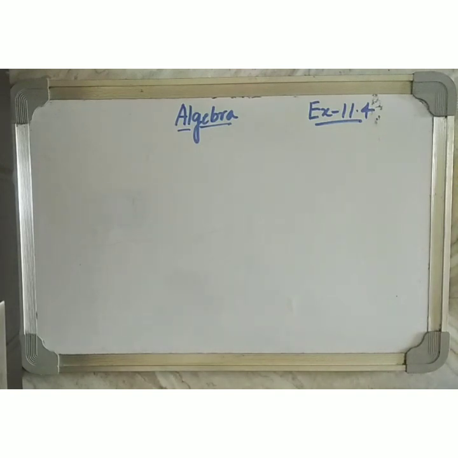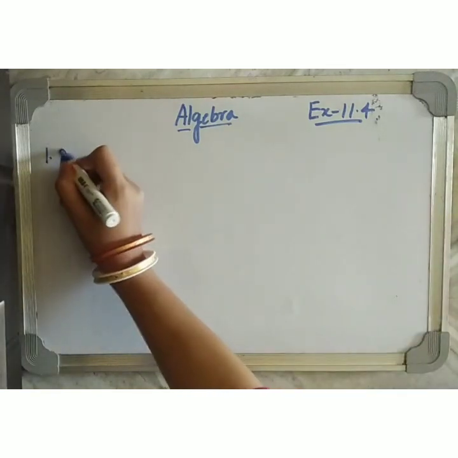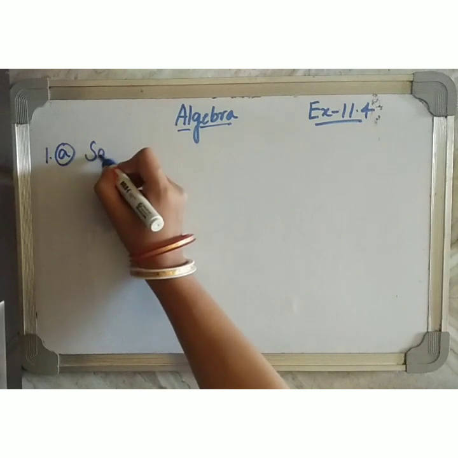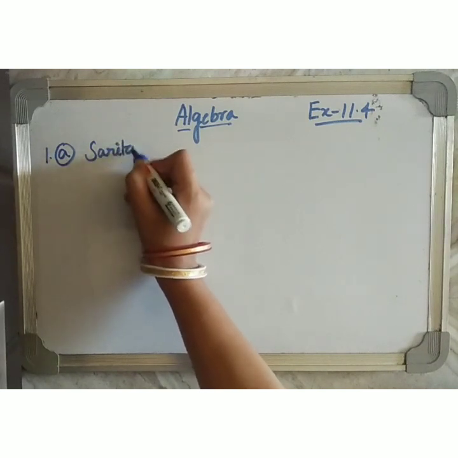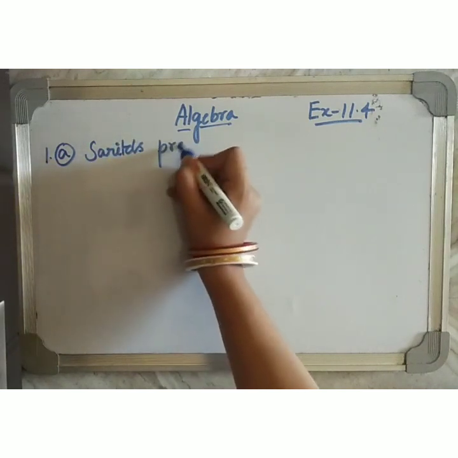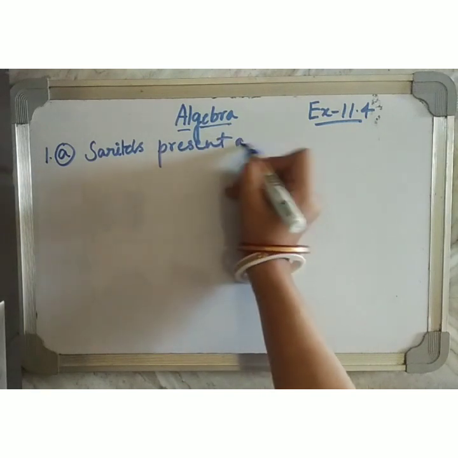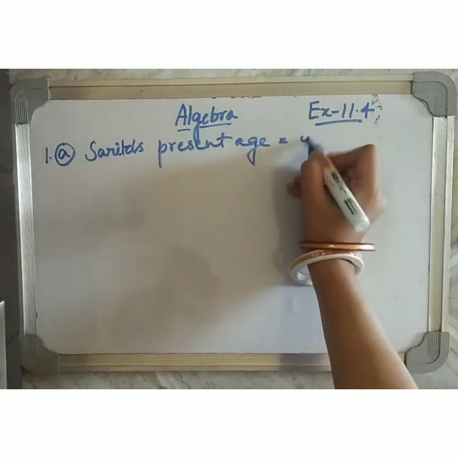Take Sarita's present age to be y years. In question number 1 it is written, what will be her age 5 years from now? So let's write it here. Sarita's present age is y years.